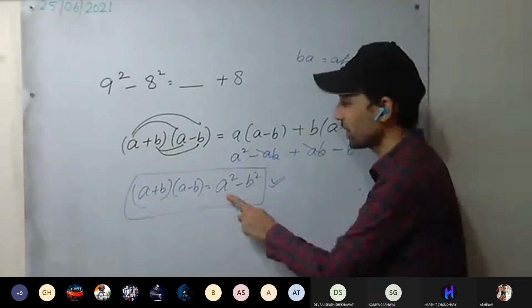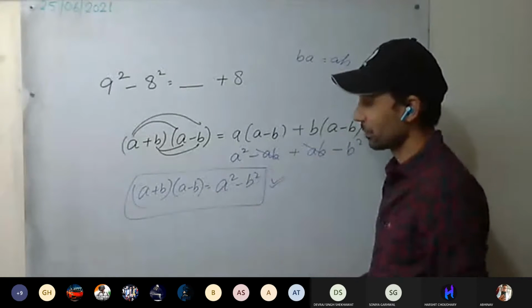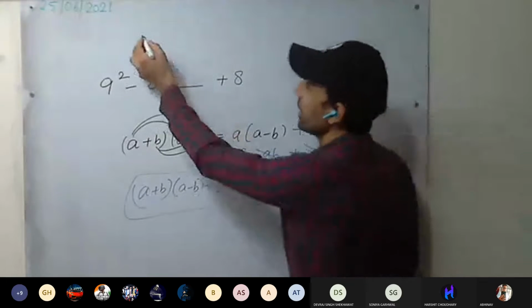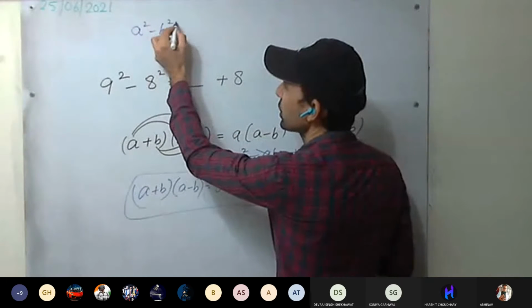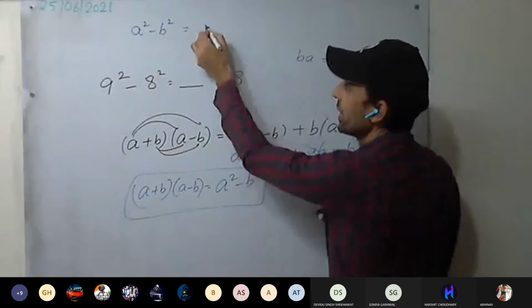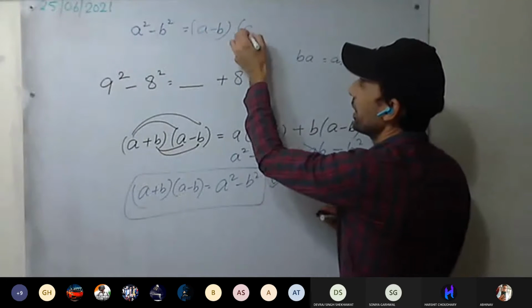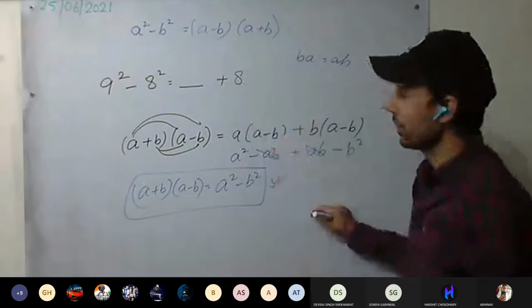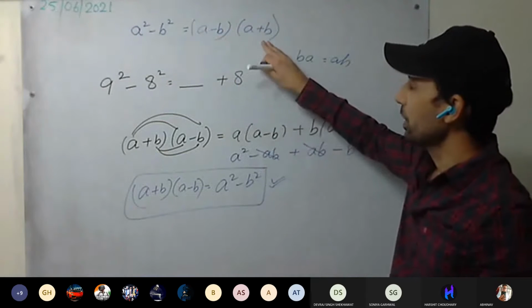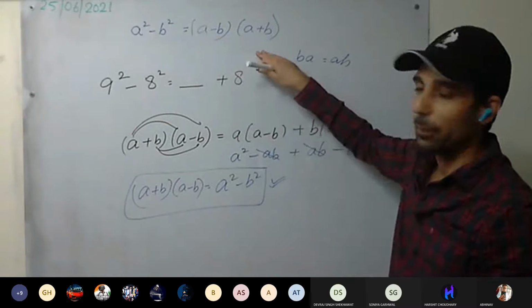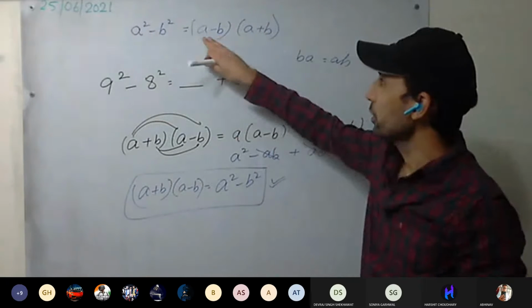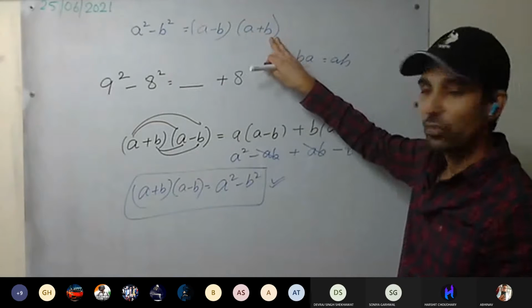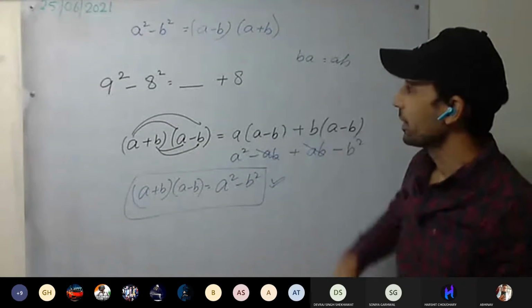So a square minus b square equals a minus b into a plus b. Either you write plus earlier or minus later, it doesn't matter. This we have seen.